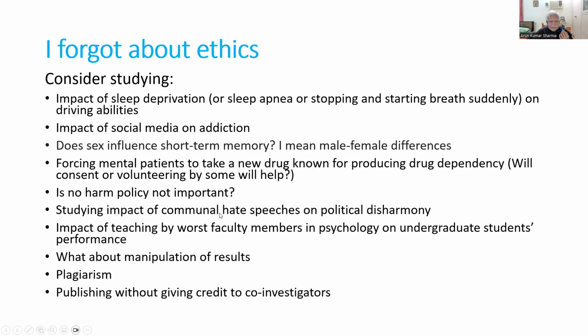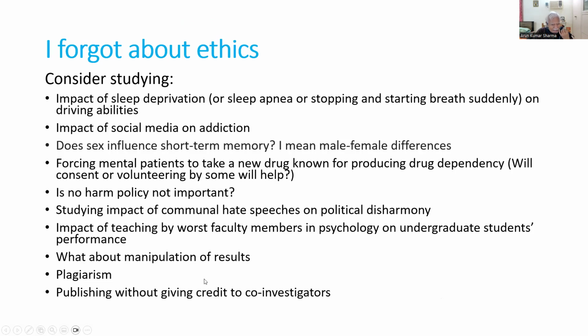Studying impact of communal hate speeches means you create communal hate speeches and then study its impact on political disharmony. Is it ethical to study? So I'm giving you some commonsensical examples to say that all types of things cannot be examined, cannot be permitted to be examined.